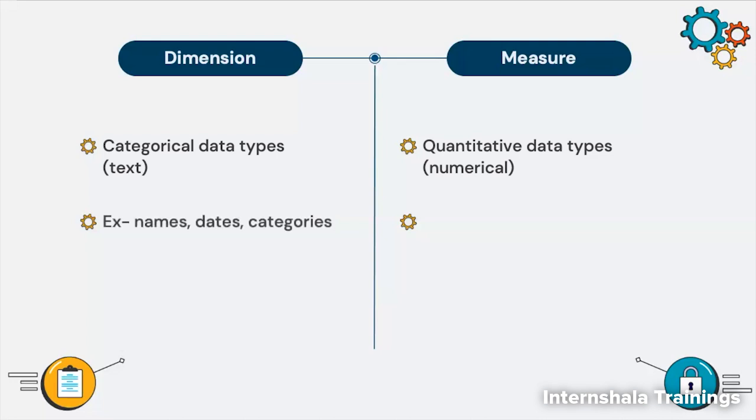So dimension type typically represents columns such as name, date, or categories, and measure represents sales figures, quantities, percentages, on which we can do mathematical calculations like sum, average, count, etc. So we can say that dimensions provide context and depth to the visualizations, whereas measures are used to perform mathematical operations like aggregation, sum, average, etc.